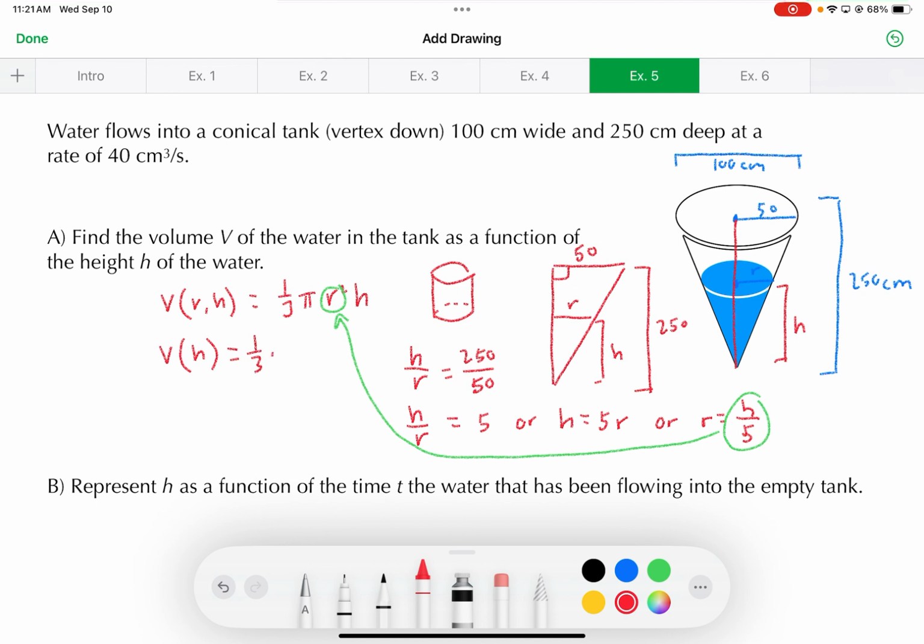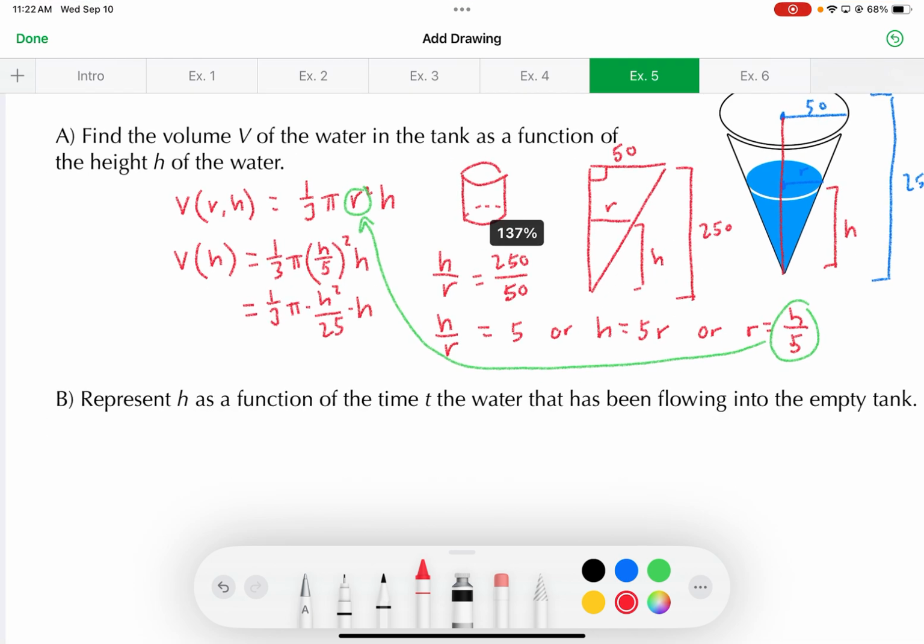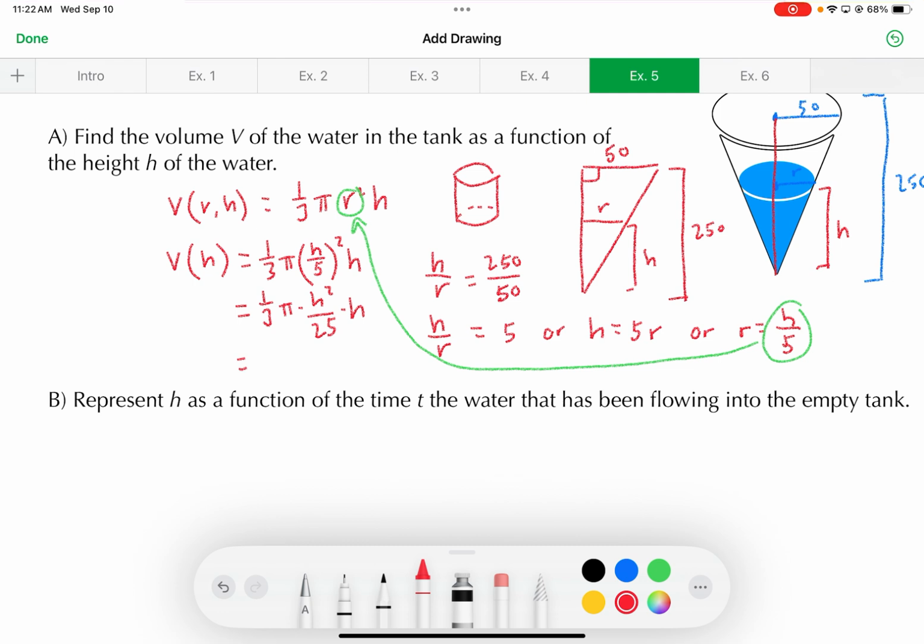That'll equal 1/3 times pi times the radius, which is now h over 5 squared, times another h. And then we're going to simplify. And let's call that pi over 75 times h cubed. There we go.